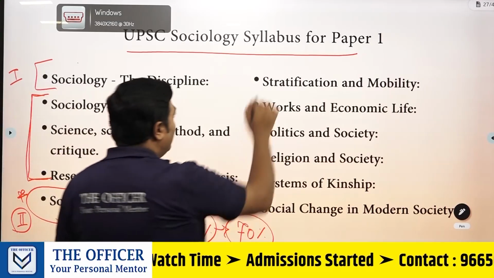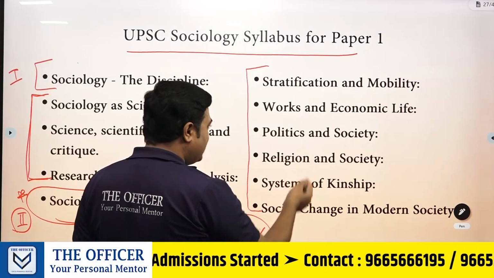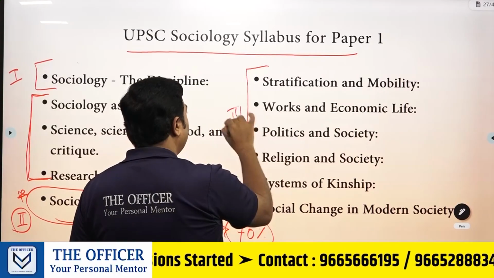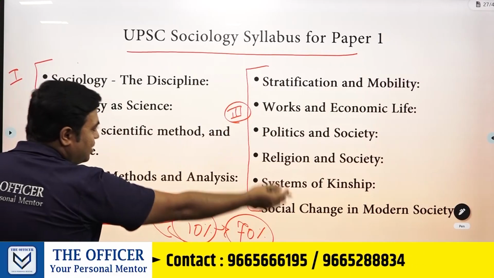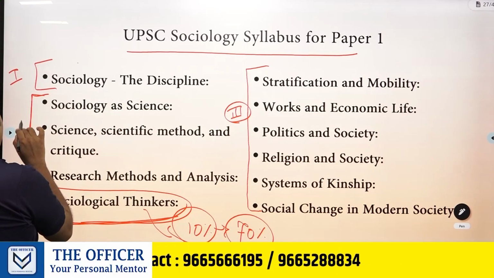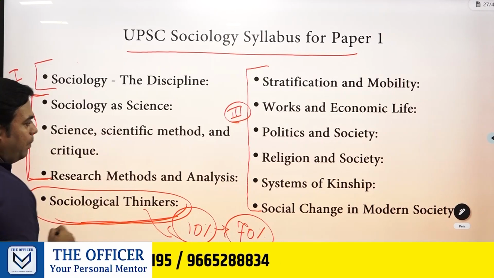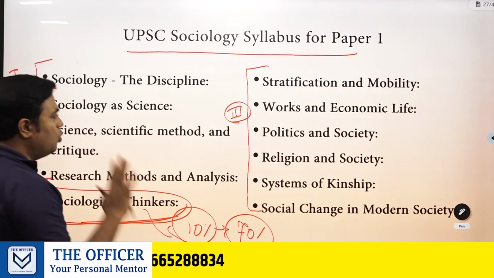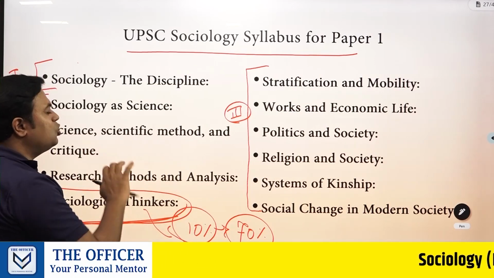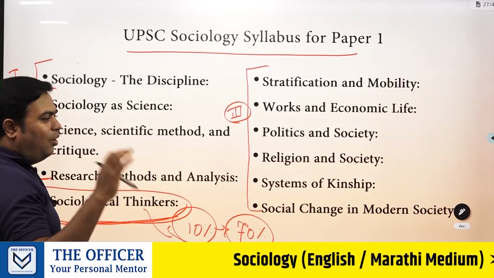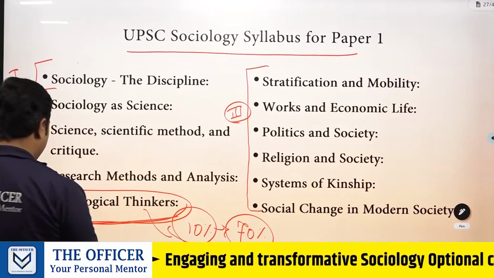Third, with the help of thinkers, we will try to understand the various basic concepts. And fourth, how sociologists have studied society by developing their own methodology, the research methodology. These are the 4 groups we are going to discuss, and this is one of the shortest syllabi of any optional.